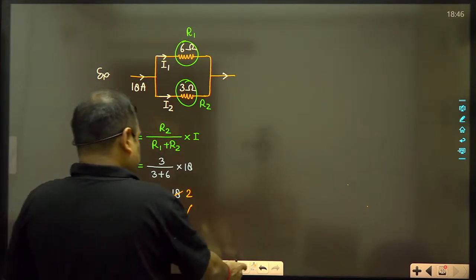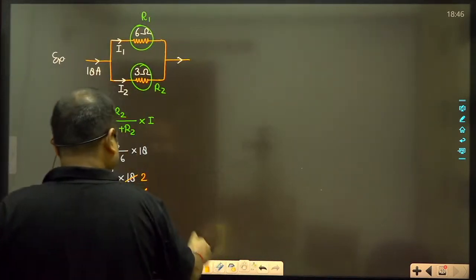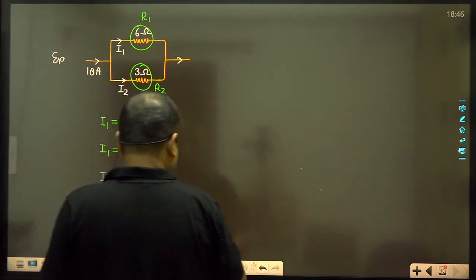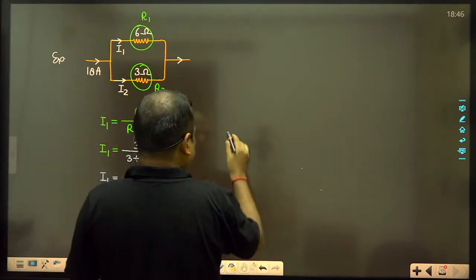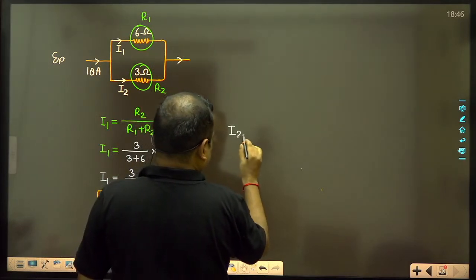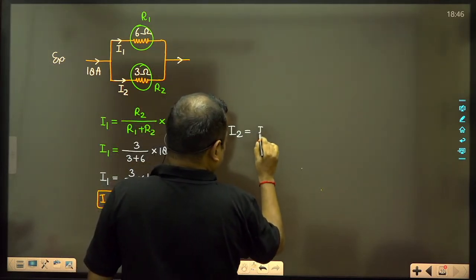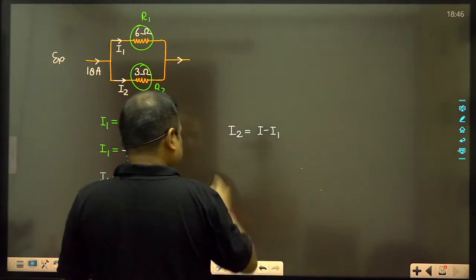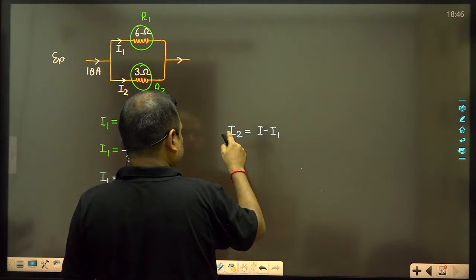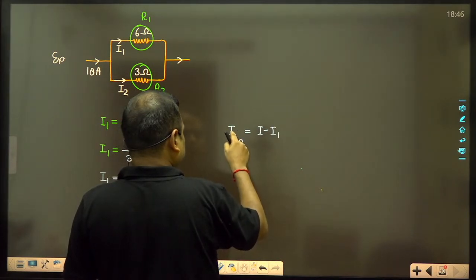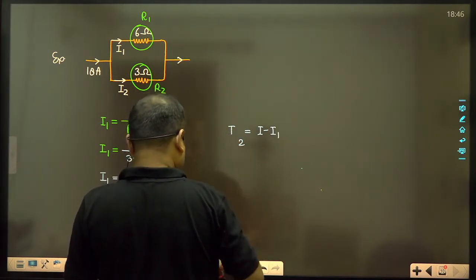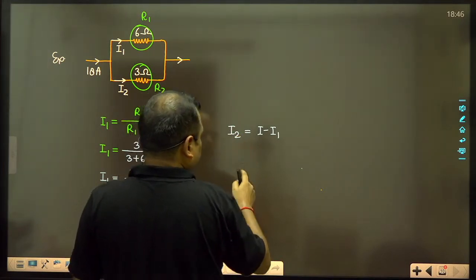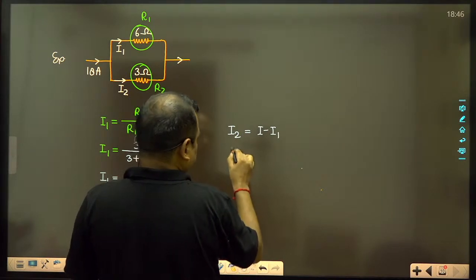Okay, and now you can see that I2 will be equal to I minus I1. Okay, so this one is also a method, I minus I1. So I2 is equal to I minus I1.